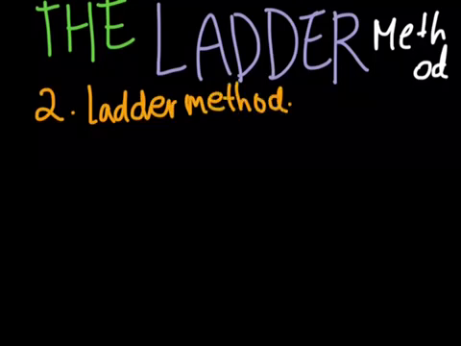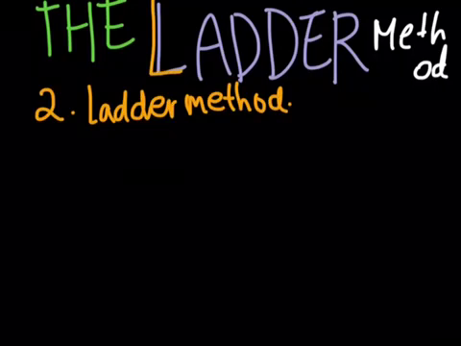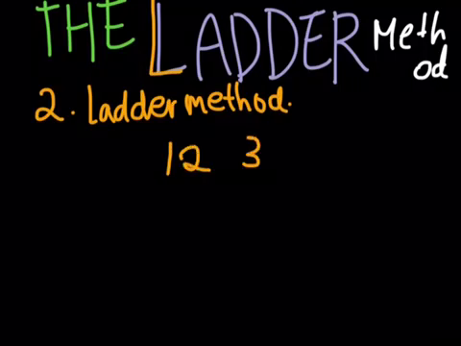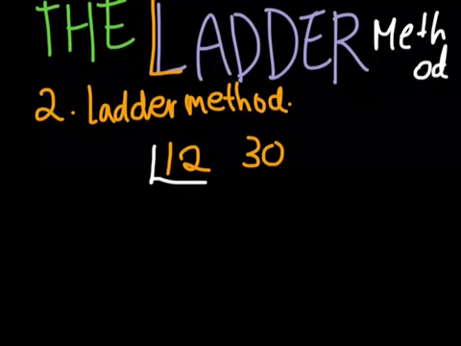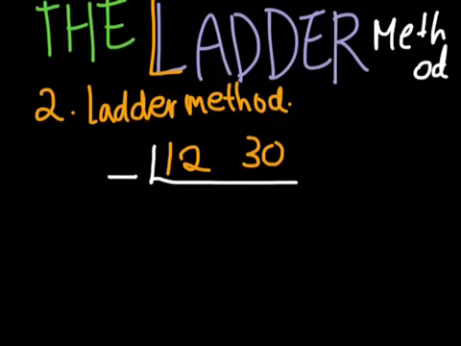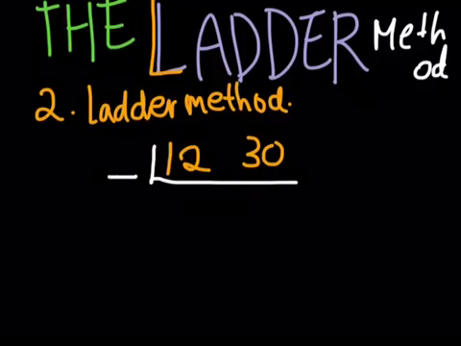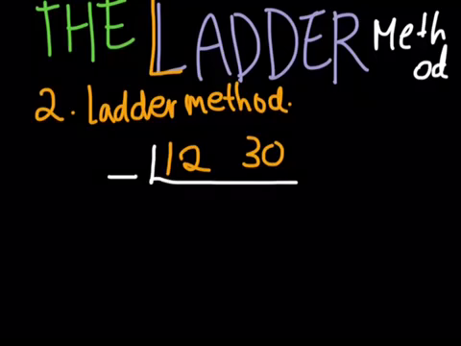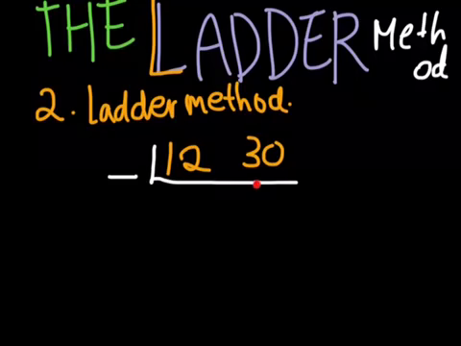How you do this, it looks like a ladder, and it has an L. Say we wanted to find both the LCM and GCF of 12 and 30. So you draw an L. What you're going to do here is write the smallest prime factor that divides both of these numbers.